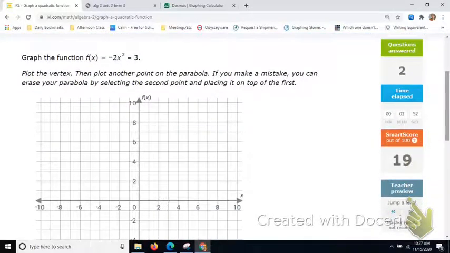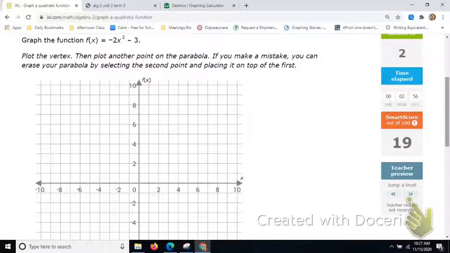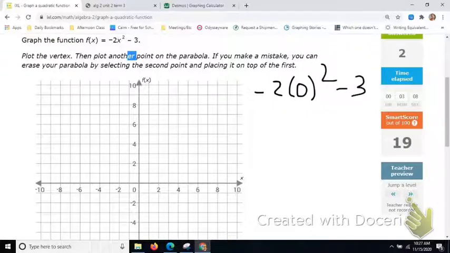So finally, this time, we're not going to be at 0, 0. There is no x in the middle. So when there's just something happening out here with this negative 3 and there's no x's in the middle, it's going to be moved down 3. Think about if you plug 0 in, you would get negative 2 times 0 squared minus 3.